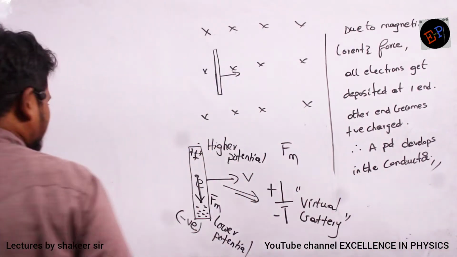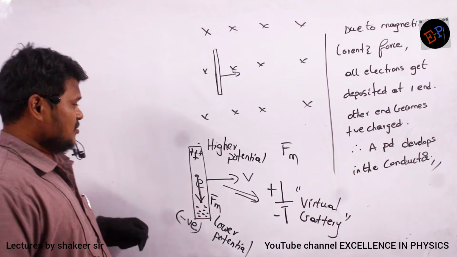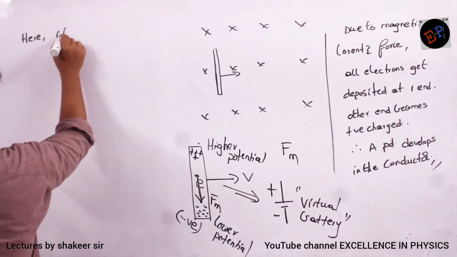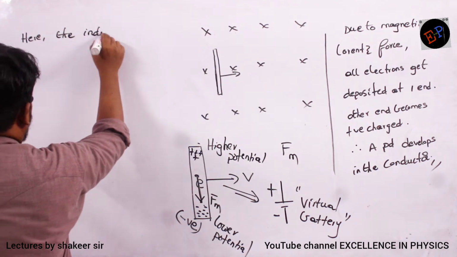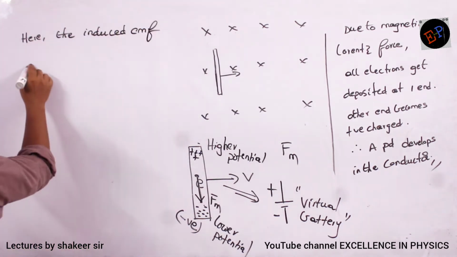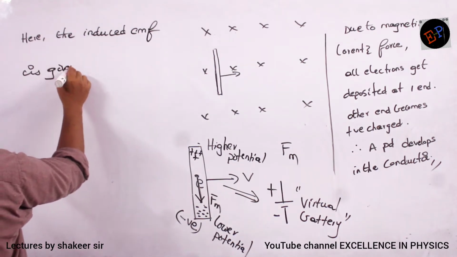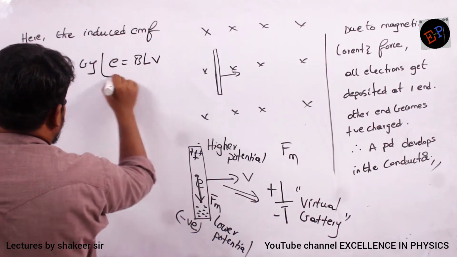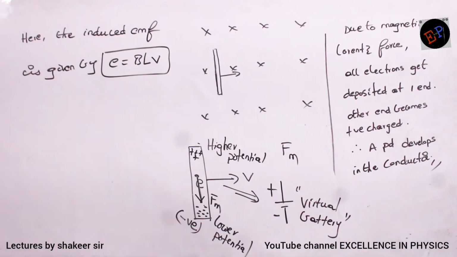Okay, is it clear? So now see here, the induced EMF is given by E is equals to BLV. This is the equation. Clear now?